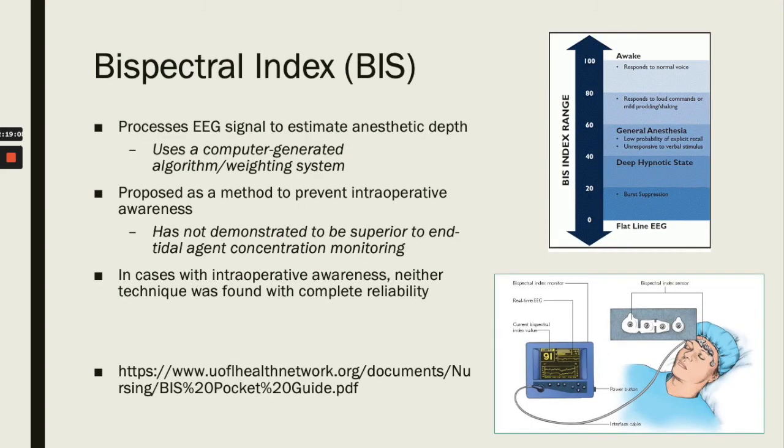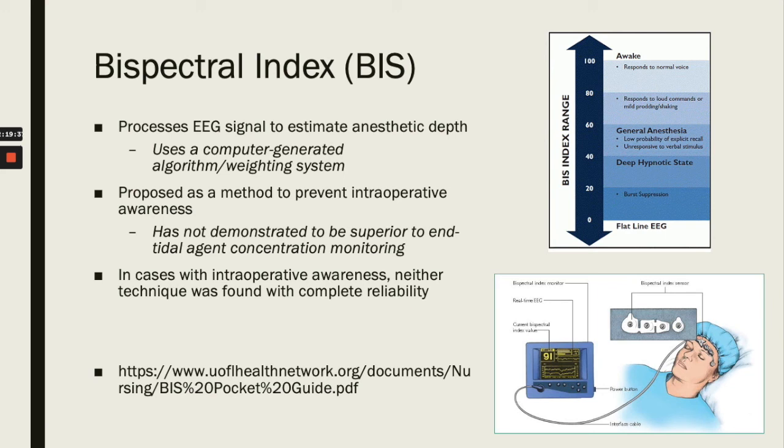So the BIS, or the bispectral index, processes EEG signal to estimate anesthetic depth and uses a computer-generated algorithm and weighting system. It is proposed as a method to prevent intraoperative awareness. Now, this hasn't been demonstrated to be superior to end-tidal agent concentration monitoring, specifically for your gases, like sevo or iso.